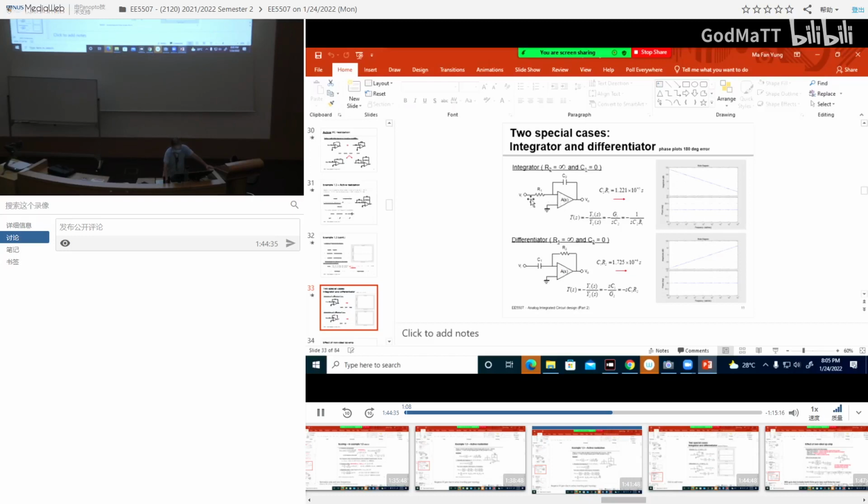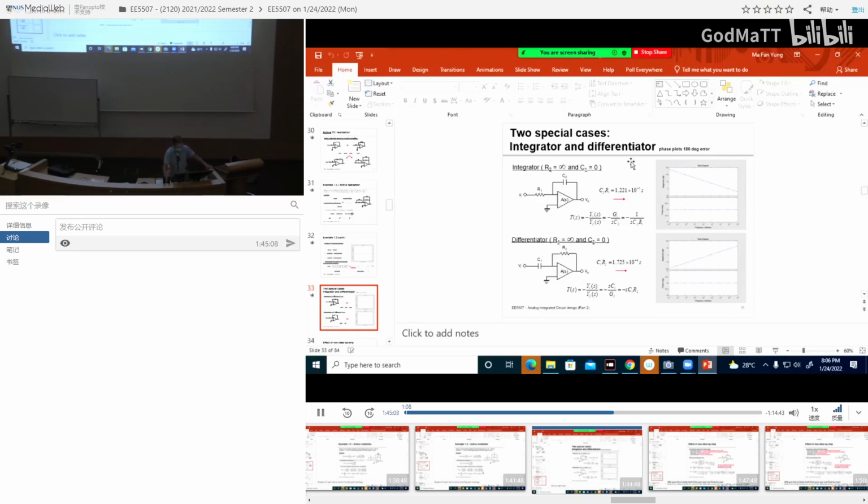Here is virtual ground. There will be a current here, V divided by R1. This current will go into this capacitor. What will happen to the voltage on the capacitor? It will just keep increasing or decreasing. For a capacitor, I equals C dV dt. If I is constant, that means dV dt is constant, which means V is increasing. That's why it's called integrator.